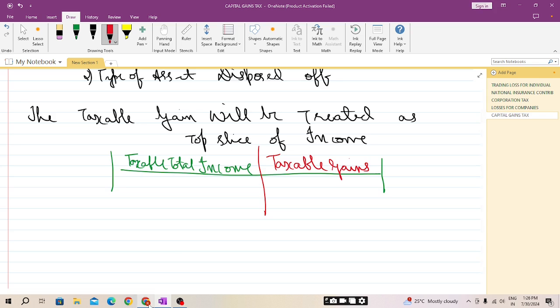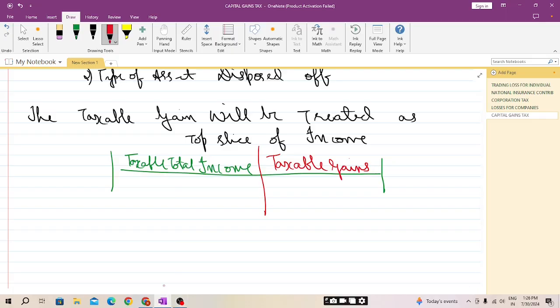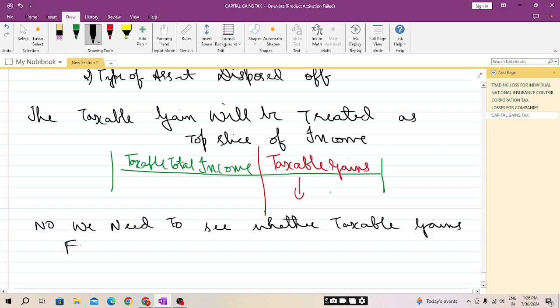Now the taxable gain, students, please do see here.